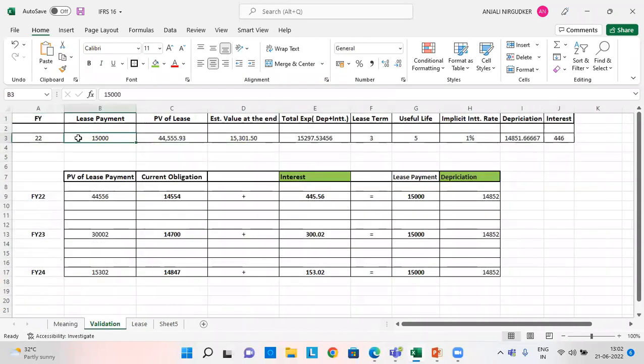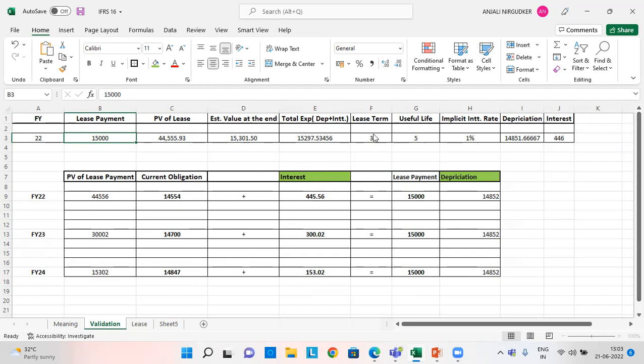Let me tell you what all the figures are. This is the lease payment, which is 15,000. Present value is 44,555, which we calculated as per the formula of present value. This is the estimated value at the end of the lease term. These are the total expenses, which is depreciation plus interest.